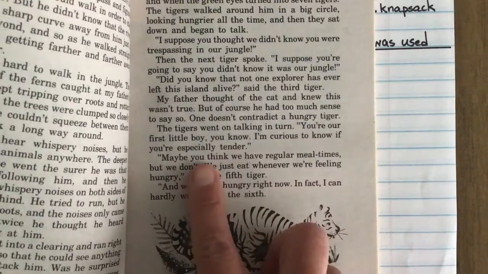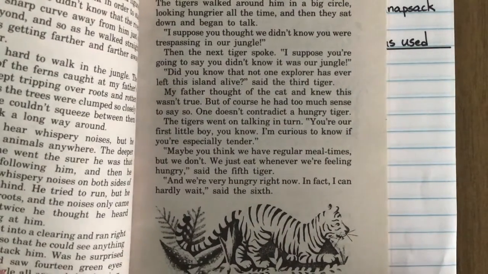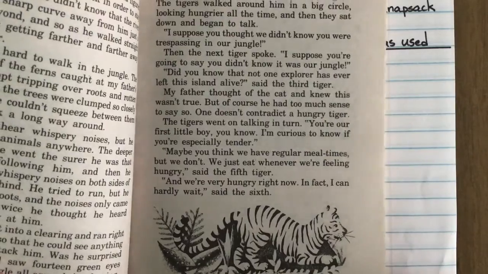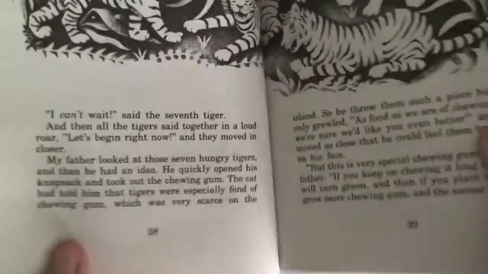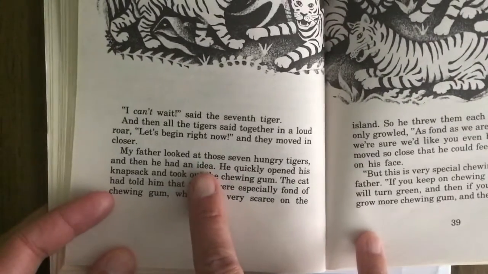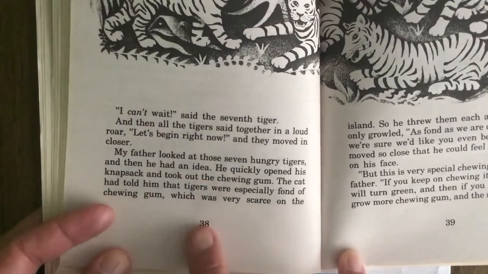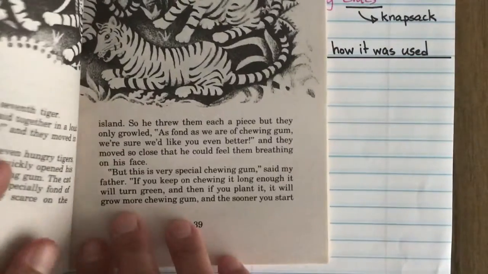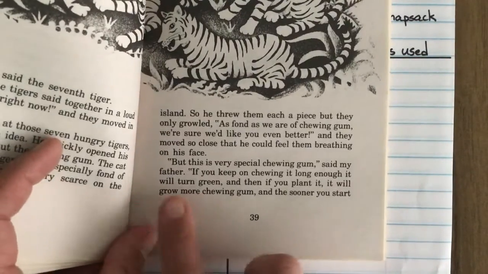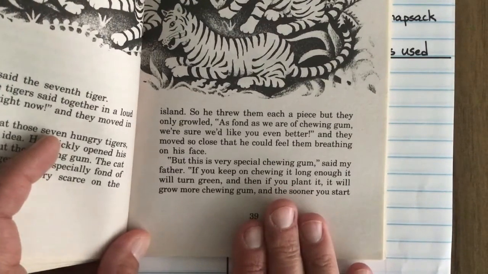He said he's a hungry tiger and he thinks he's going to be a very tender snack. Okay, so what does Father do? He looks at the hungry tigers and he had an idea. And so what did he do with that chewing gum? He tricked the tigers into chewing the gum rather than eating Elmer, right?